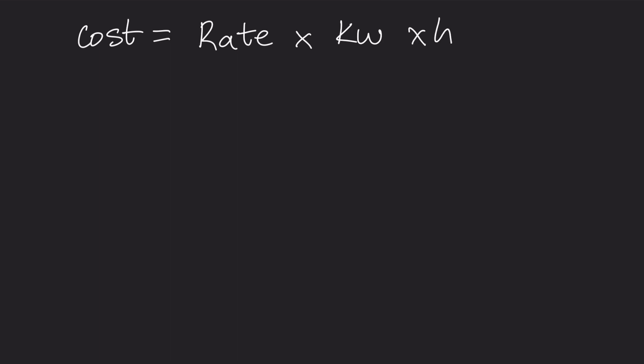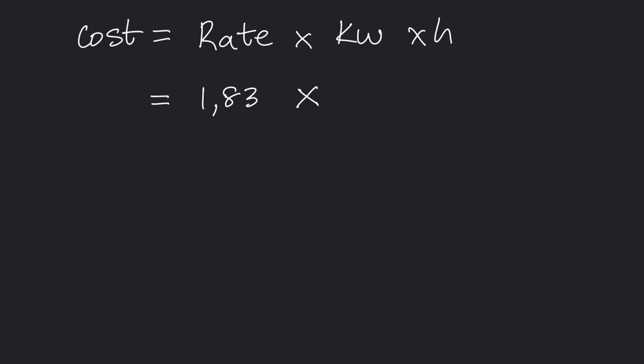Okay, so the cost of using an appliance is equal to the rate multiplied by the kilowatts multiplied by the hours of usage. So they tell us the rate is 1.83.